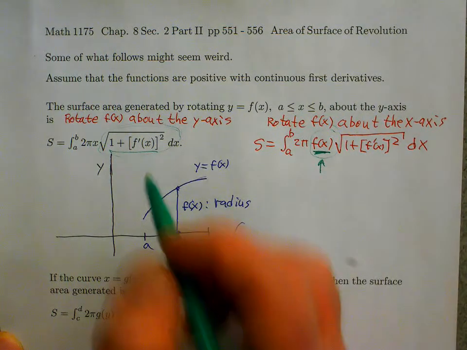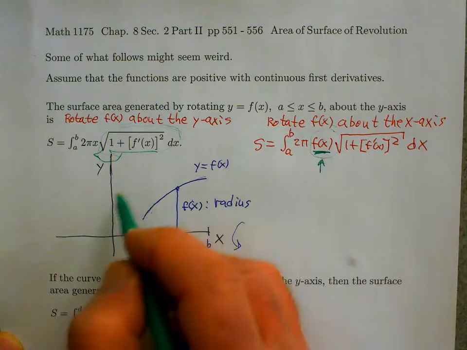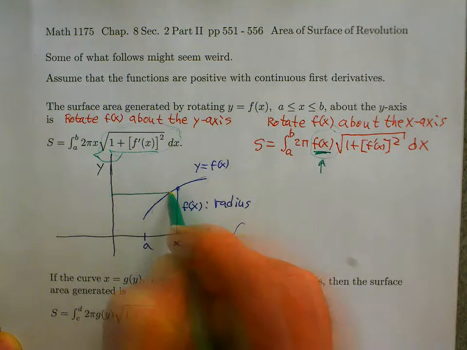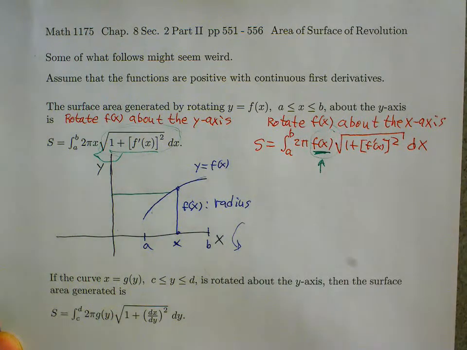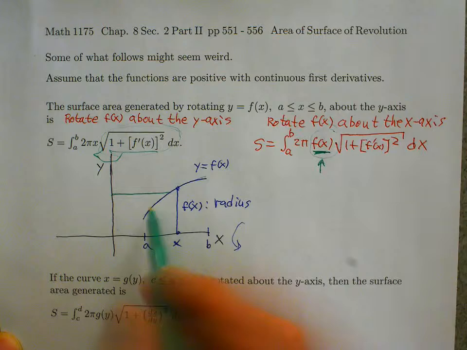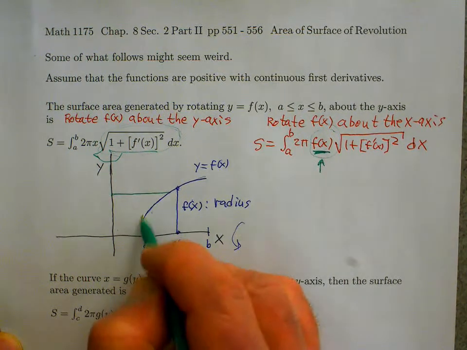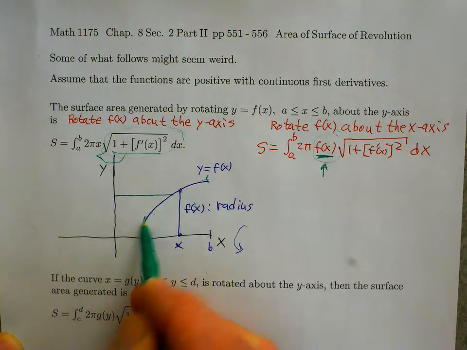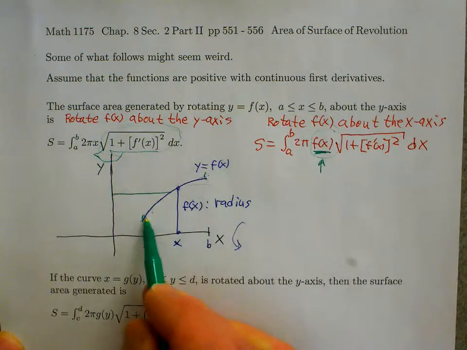But if we rotate about the y-axis, a radius of a cross-section of that rotation is a what? It's an x value, right? Because we're rotating this curve starting at x equals a and ending at x equals b.